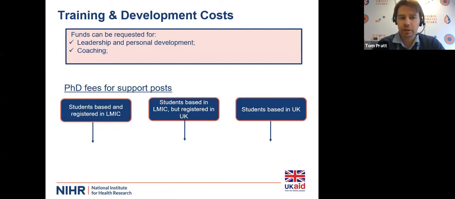And this can also include some coaching costs for one-to-one coaching. We should just differentiate between coaching and mentoring. So coaching would be a formal coaching program rather than mentorship, where we would fund costs for you to go and see a mentor, but we wouldn't fund the cost for that mentor for their time.